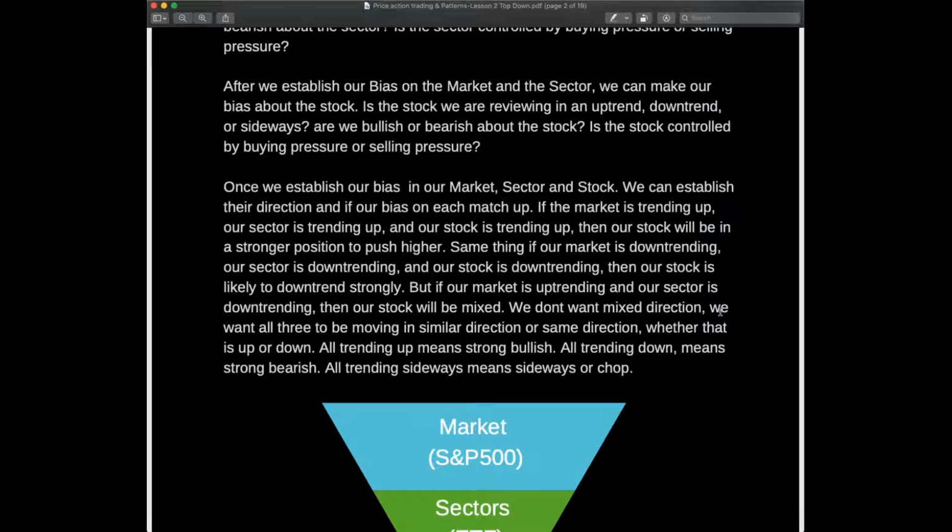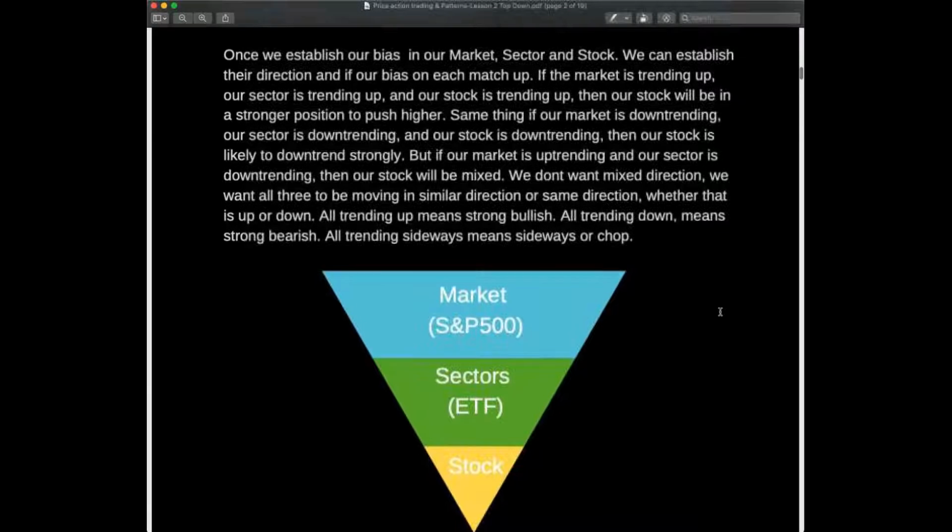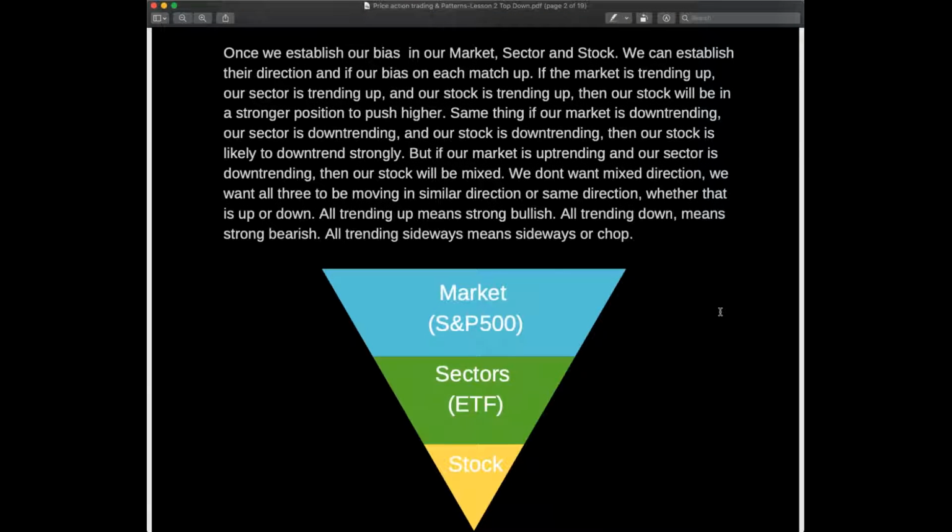Are we bullish or bearish about the stock? Is the stock controlled by buying pressure or selling pressure? Once we establish our bias in our market, in our sector, and in our stock, we can establish their direction and whether our bias on each of them matches up.